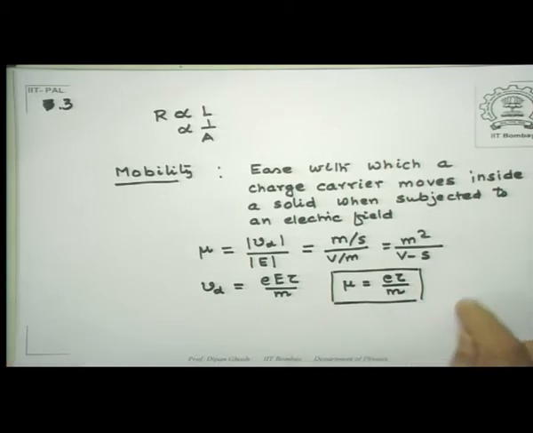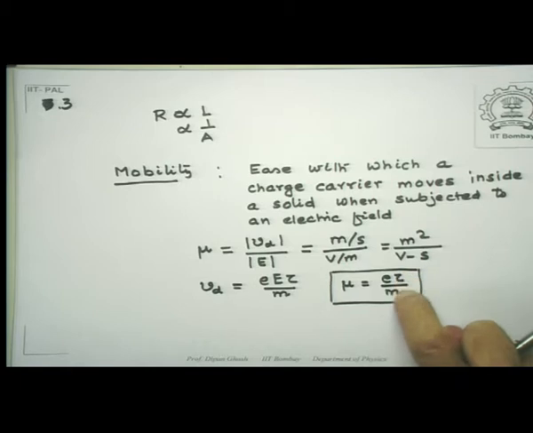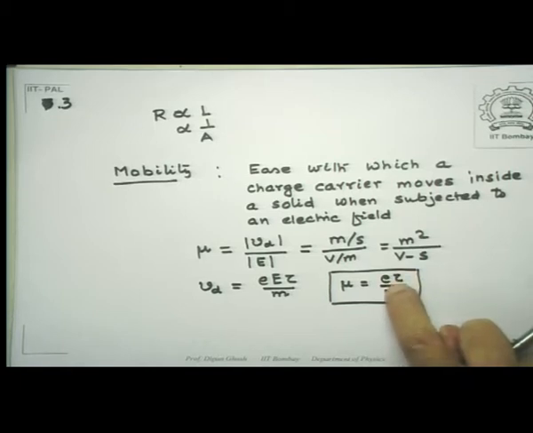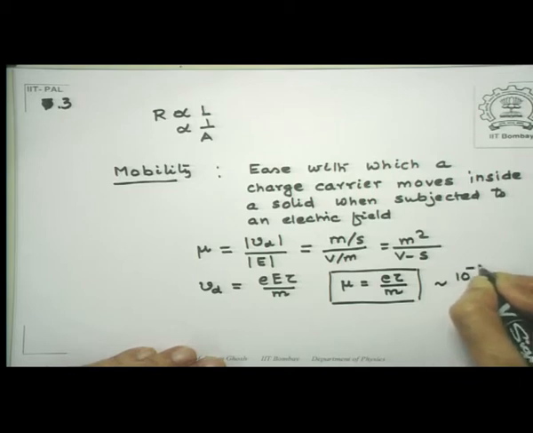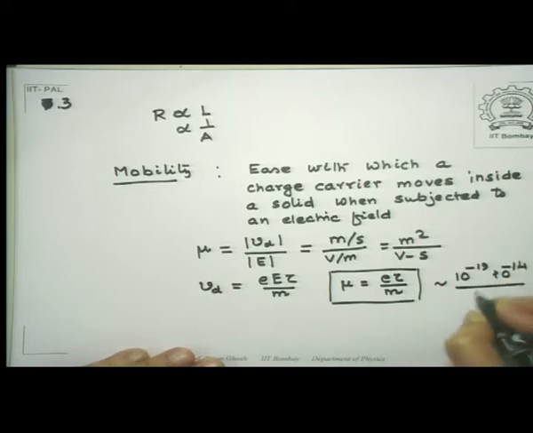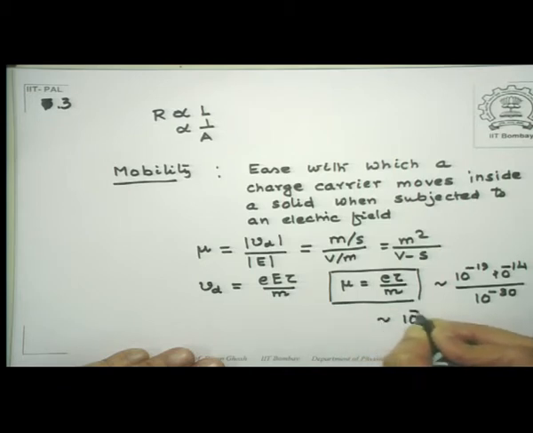Now this enables you to determine the typical values of mu. Remember, e is 10 to minus 19, tau is 10 to the power minus 14 or 15, and mass of electron is 9 times 10 to the power minus 31. So let us take it as 10 to minus 30. I am just doing an order of magnitude. So this is typically of the order of 10 to the power minus 3 to minus 4 meter square by volt second.